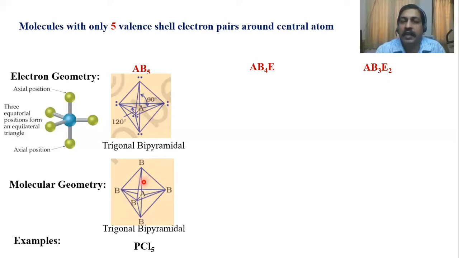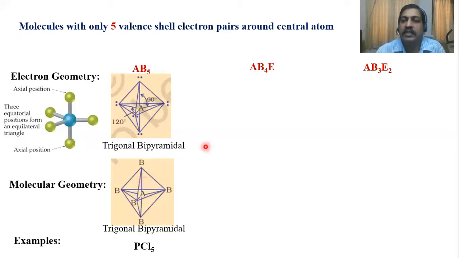Perpendicular means the angle between the axial and the three equatorial bonds is 90 degrees, and 90 degrees is small enough to cause high repulsions. So each axial bond suffers repulsions with three equatorial bonds. Consequently, the axial bonds are longer and weaker than the equatorial bonds.